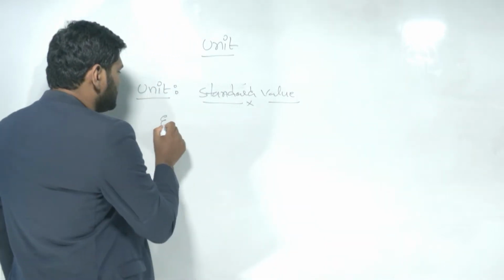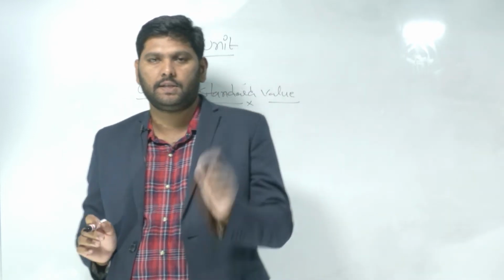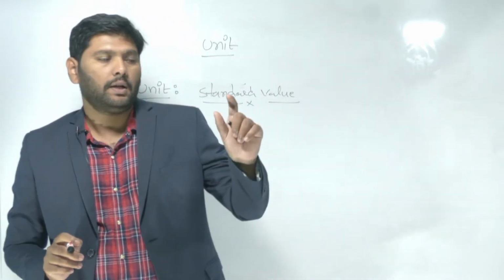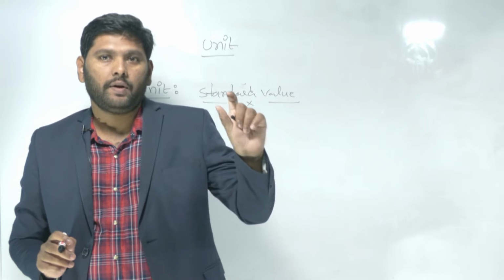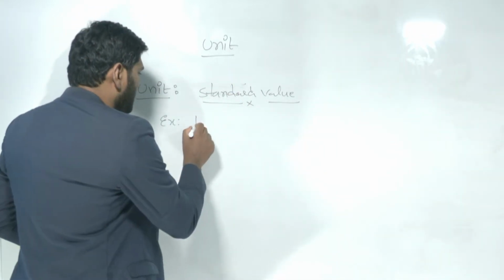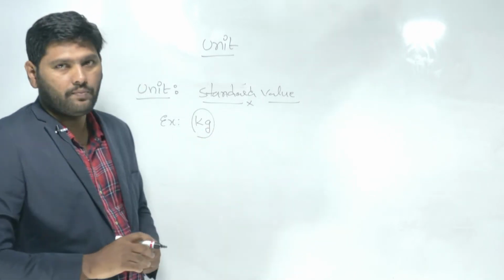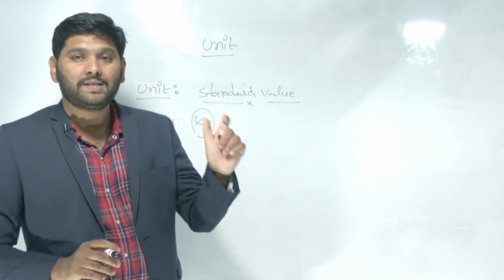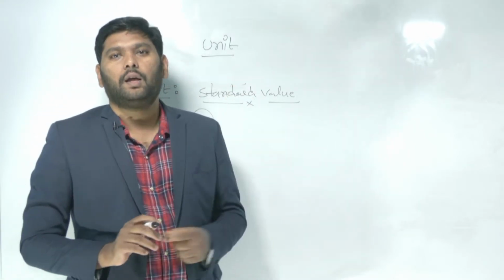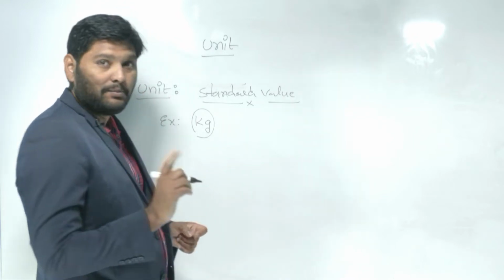For example, I will give examples for a unit. If you take mass, it is a physical quantity. Am I right, children? For a mass, what is the unit? You know, the SI unit is kg. Since this is a standard value, the kg is a standard value for mass. Similarly, let me take length.